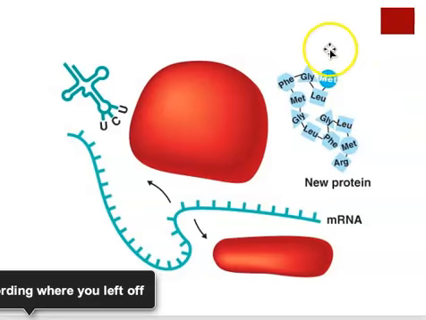And the new protein, this new chain of amino acids, will be processed, and it will be folded, and it will be assembled into its three-dimensional shape that will determine what job it will do as it's set off into the cell.